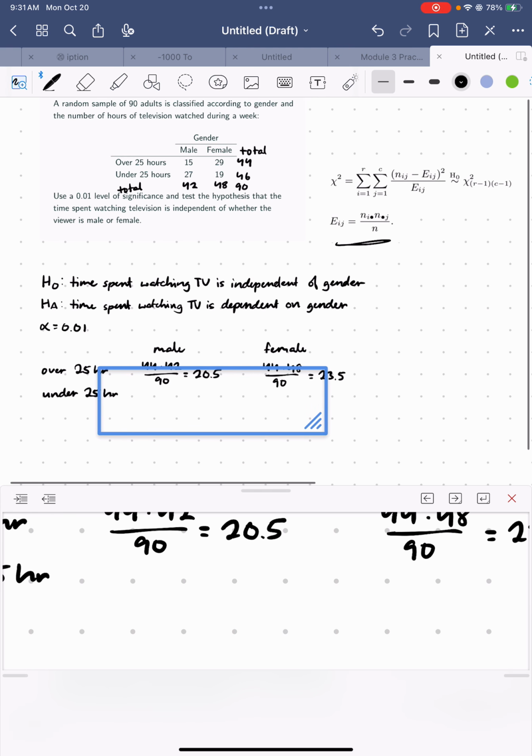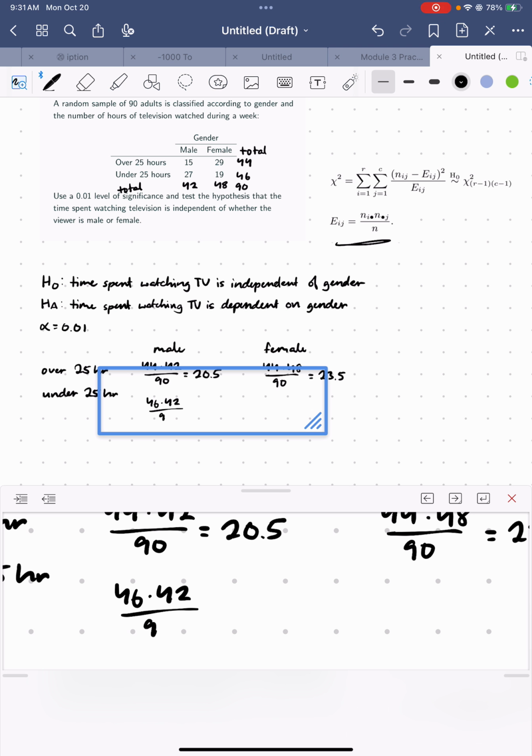And down here we have 46 times 42 divided by 90. And that's around 21.5.